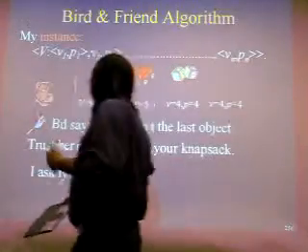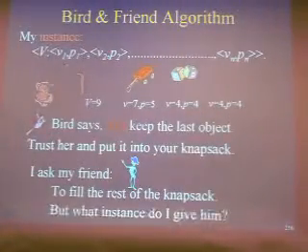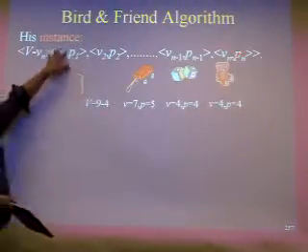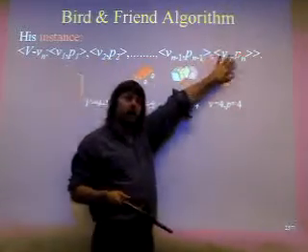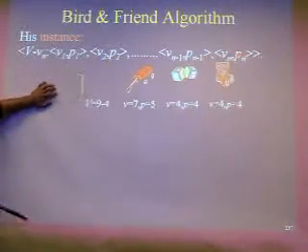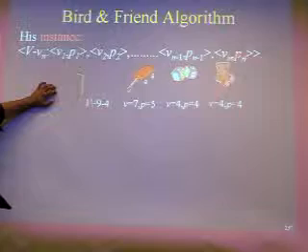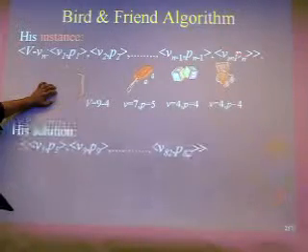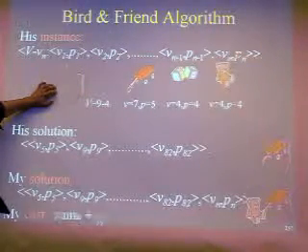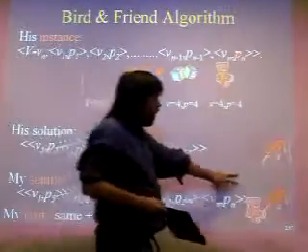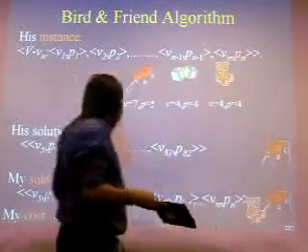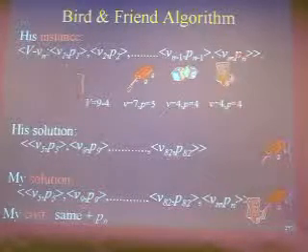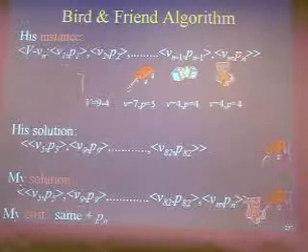And then we ask our friend a question. The friend's question is, we have all the objects except the bear, because we understand the bear, and we've made the knapsack smaller. He gives the optimal answer for this smaller knapsack, and our solution is the same except we stick the bear back in that spare spot. Everybody got that?